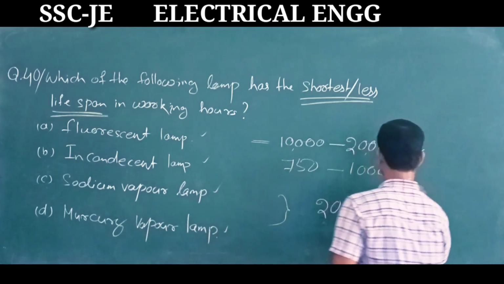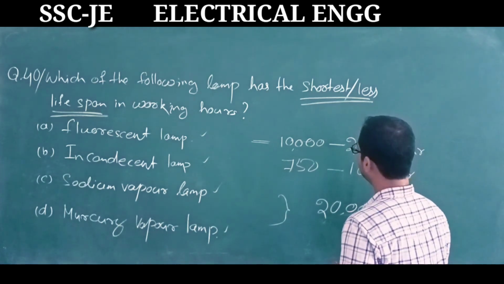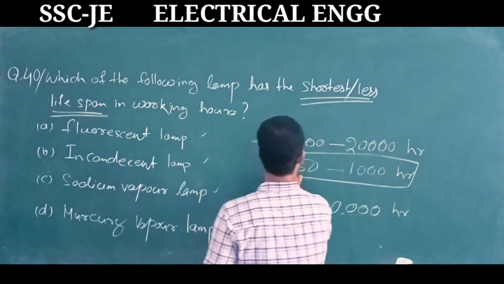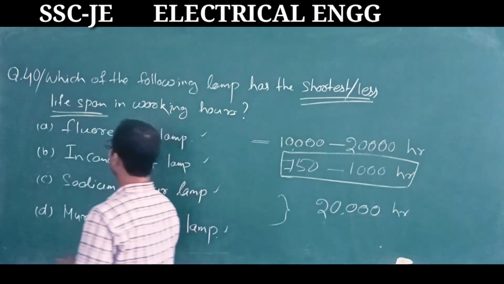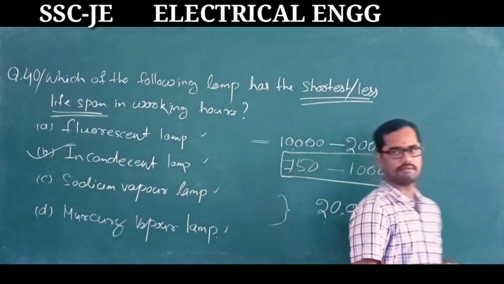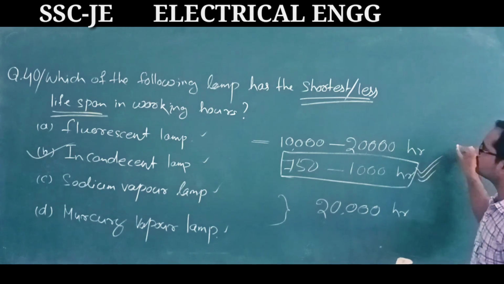So from this data we can say this is the shortest working hour. So option B is the correct answer. Your incandescent lamp has the shortest lifespan.